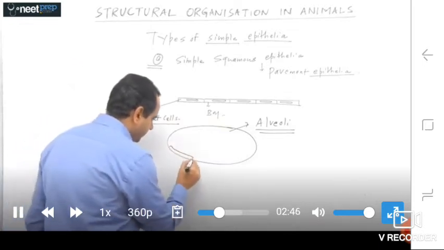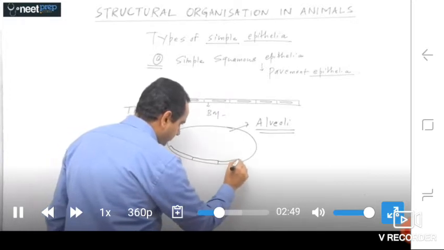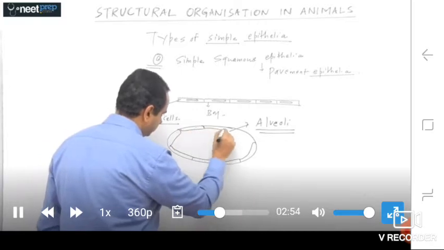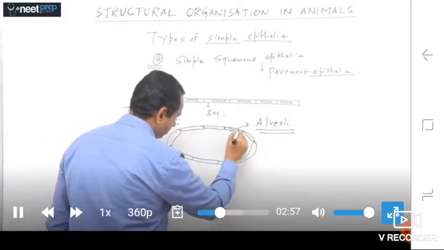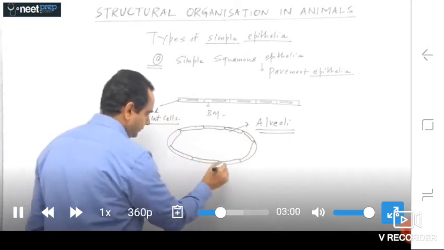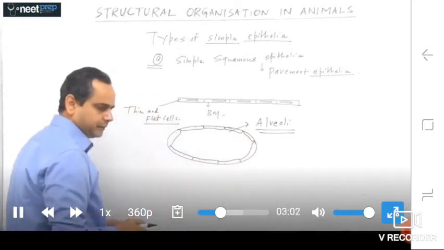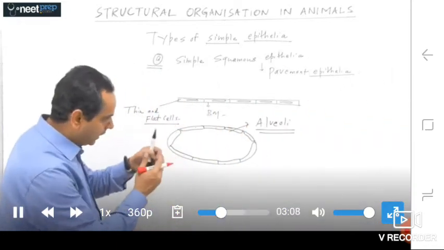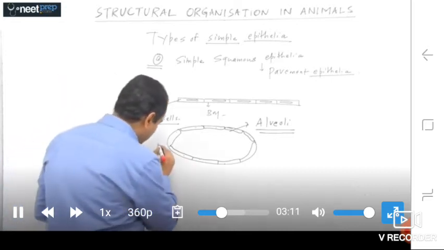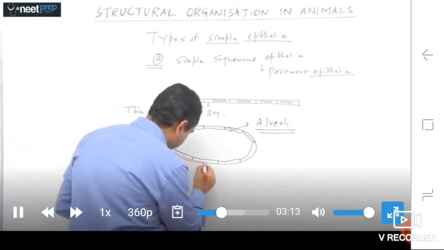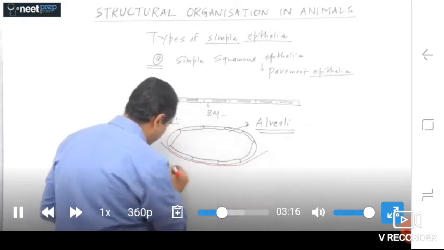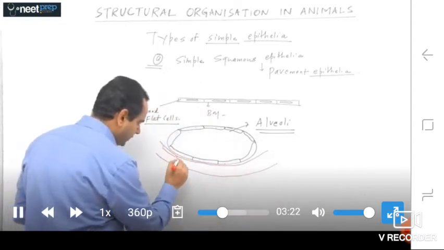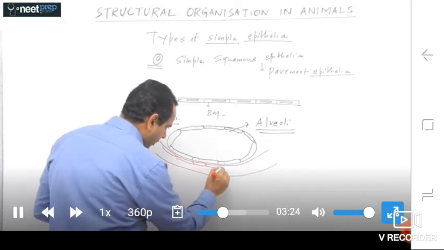This alveoli is lined with thin and flat cells like this. And below, this alveolar cell is in very close contact with the blood vessel, the blood capillary, which also contains similar simple squamous epithelia.